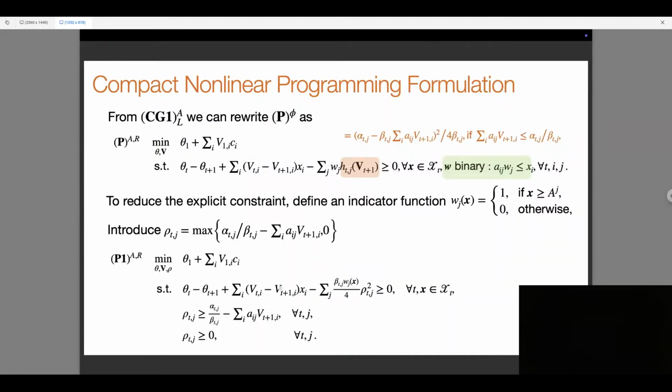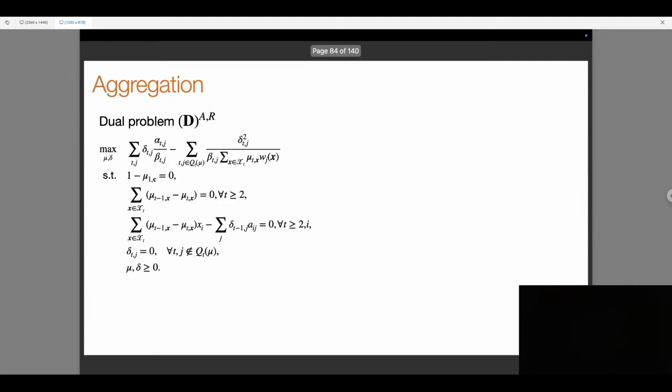And here we can see it is now a convex QCQP problem, but it remains an infinite constraint as shown here.